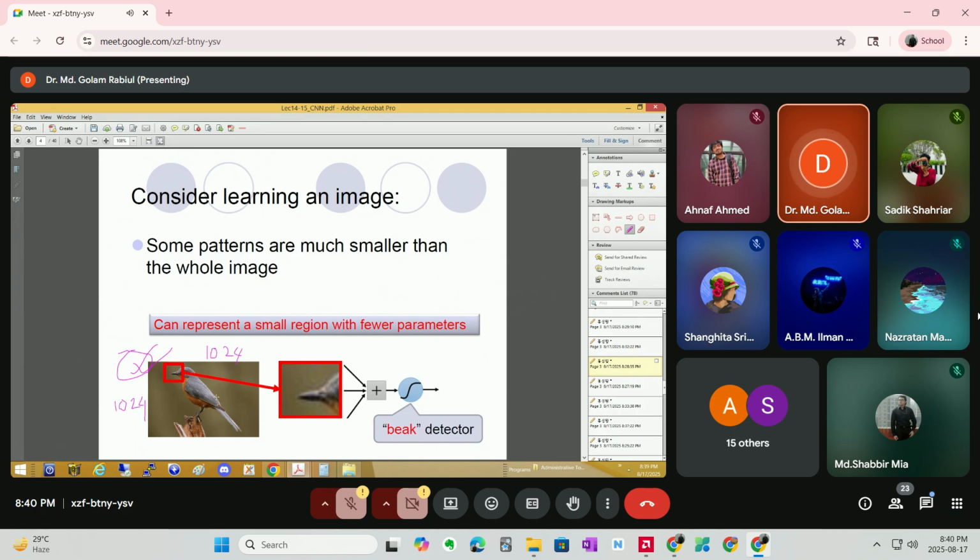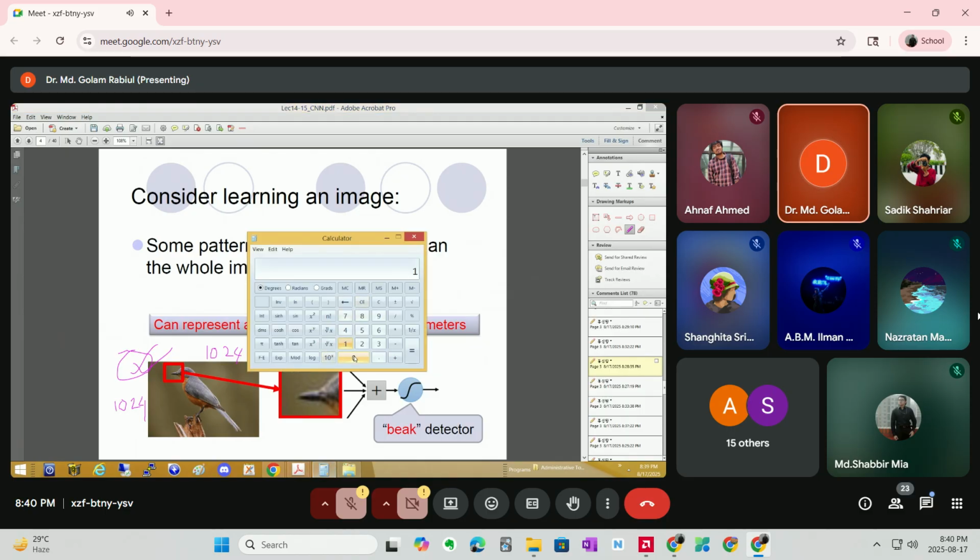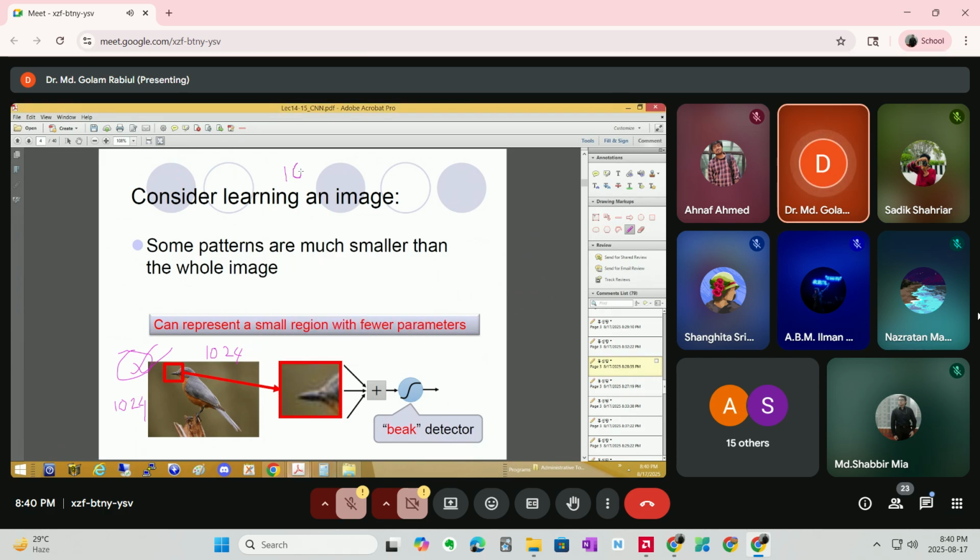That means we have 1024 times 1024, which is 10,48,576, more than 10 lakh pixels in this image.